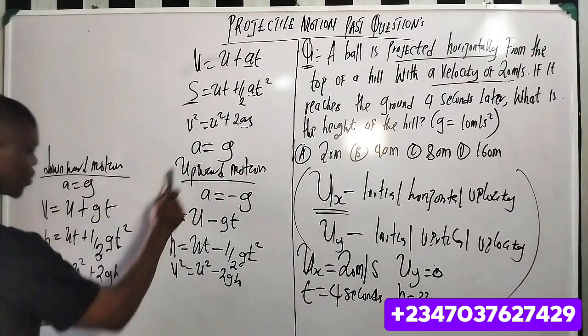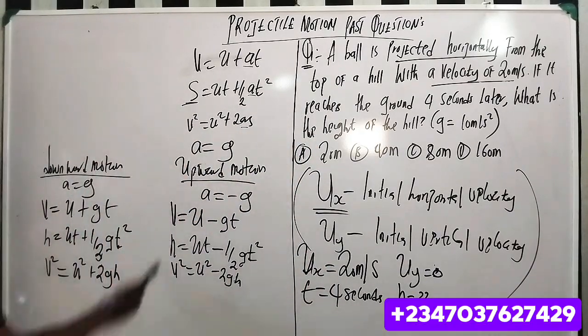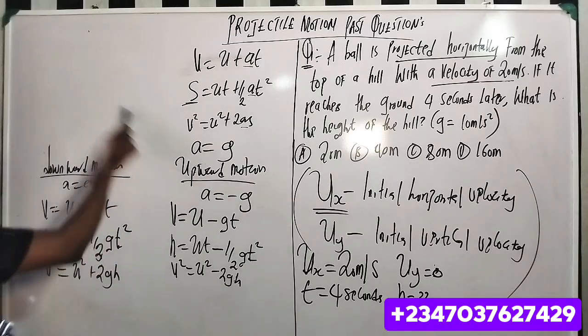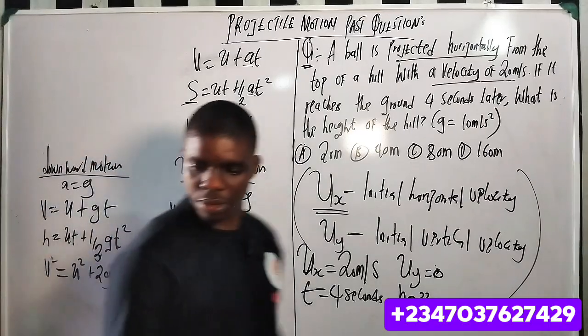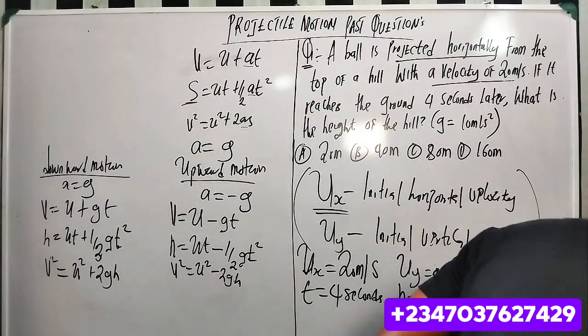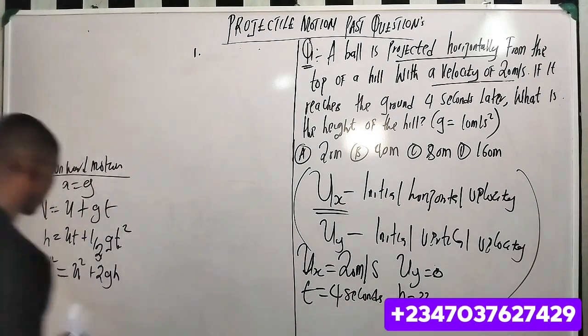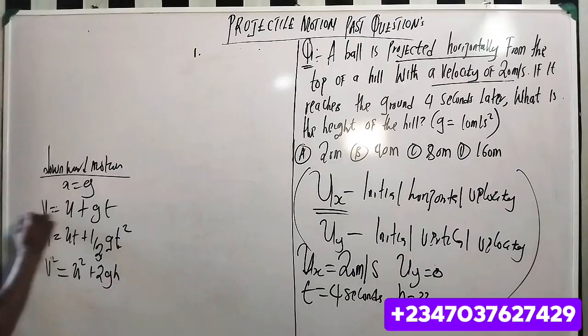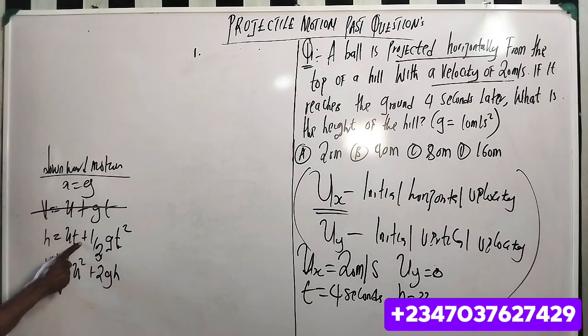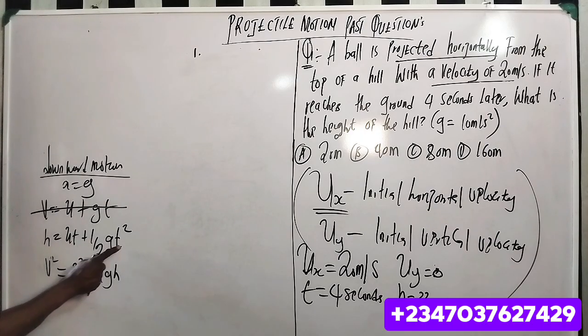So we are not going to use this one here. We are using this one. Now we are looking for the height, so there's no way I'm going to use this one, because there's no height here. It is either here or here. So here we have h equals ut plus half gt squared.